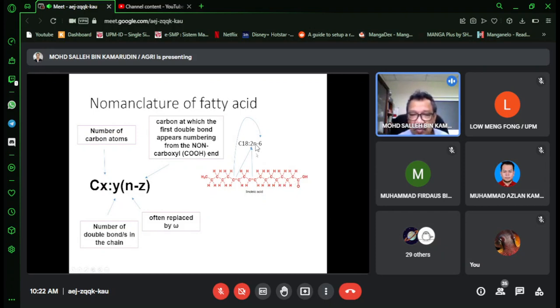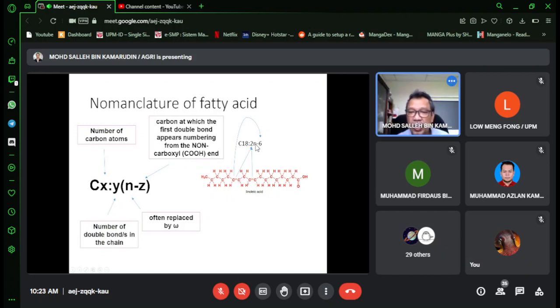In this case, if you look at linoleic acid and count, it has 18 carbons: 1, 2, 3, 4, 5, and so on up to 18 carbons. Correct, it is C18.